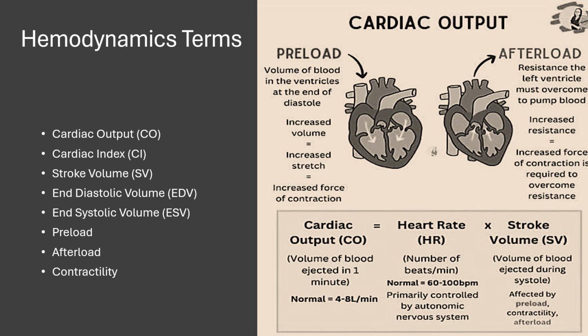Your stroke volume is going to be a combination of three factors, which is your preload, or the amount of venous return that is going to return to the right side of your heart, your afterload, or your vascular resistance, and your contractility. So both your preload and your contractility, if you increase that, what do you think is going to happen to your cardiac output?